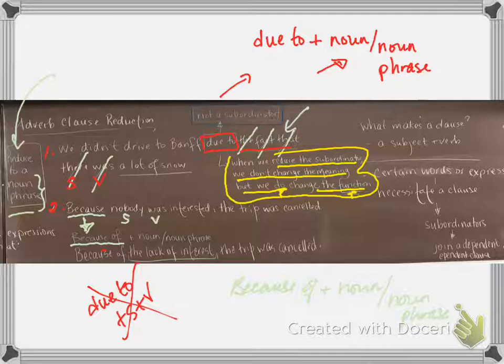So what does this look like? Because of, but we can't say because of nobody was interested. Okay, if we change this word and we delete these two words, then we're left with just this, interested. And we can't say because of interested, the trip was cancelled. Okay, it doesn't make sense. So sometimes we need to change the wording in the sentence to reflect the same meaning that the original sentence had.